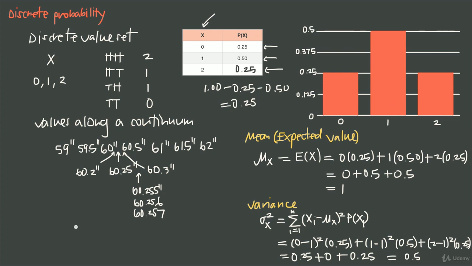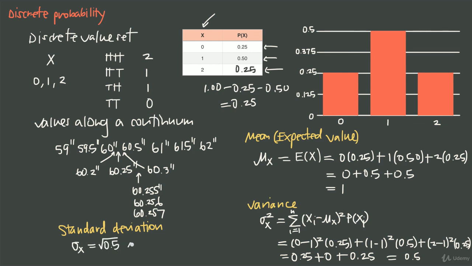And then the last thing is just standard deviation. And standard deviation is always the square root of the variance. So the standard deviation we denote with just sigma. We'll put the x there to indicate the discrete random variable. So sigma sub x is simply going to be equal to the square root of 0.5.